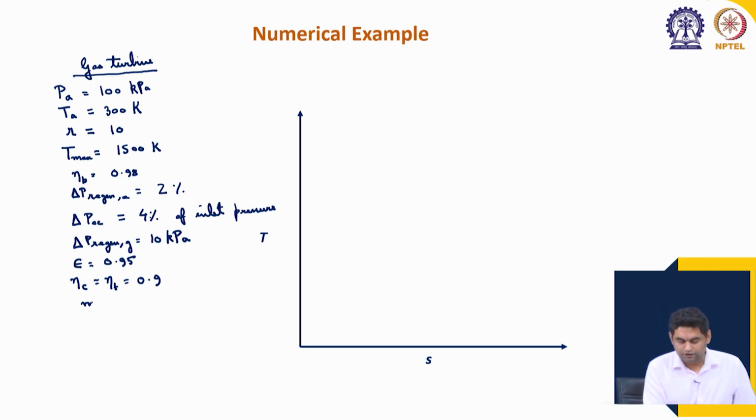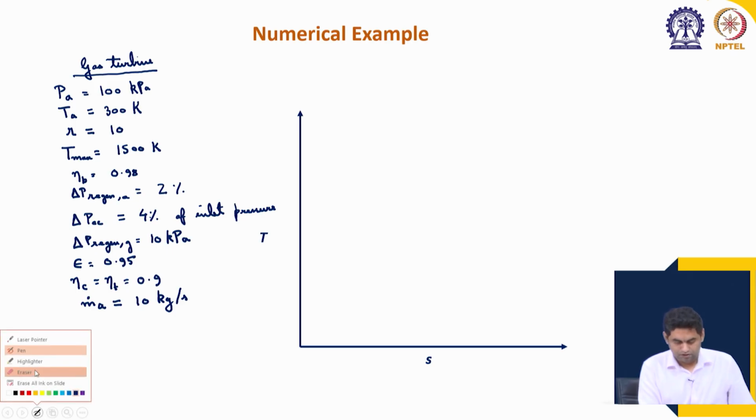Along with this, it is also stated that mass flow rate of air through this gas turbine, mass flow rate at the intake is 10 kg per second. Sorry, this is not given, we will need to find the mass flow rate.